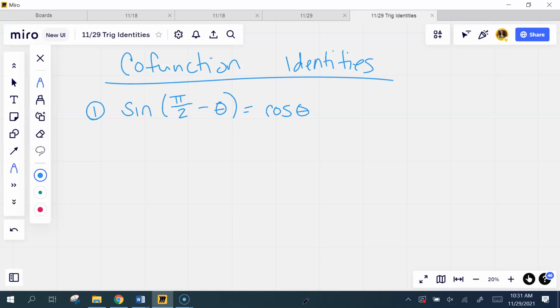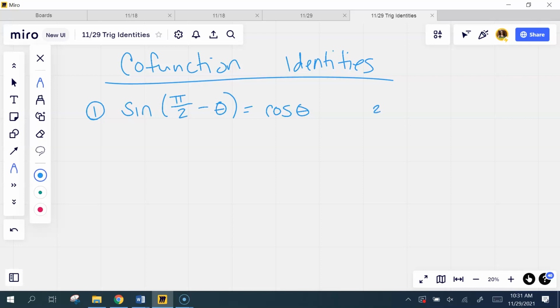Wherever I am on the unit circle, how far is pi over 2? That's a whole quarter of the circle. Anywhere that I am on the circle, if I go a quarter of the way, the x and the y switch values. So that's why this works, the pi over 2 there.